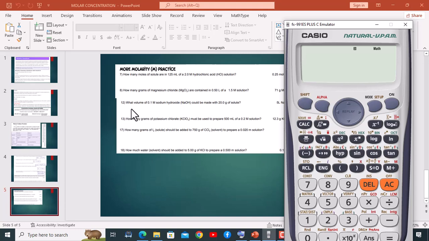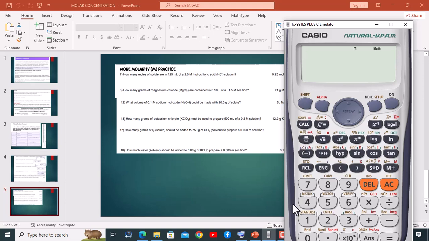What volume? I know concentration is equal to number of moles divided by the volume. So if concentration is equal to number of moles divided by the volume, I can just find the number of moles. So how do I find the number of moles? I just take the concentration and multiply that by the volume. So I'm going to do this.